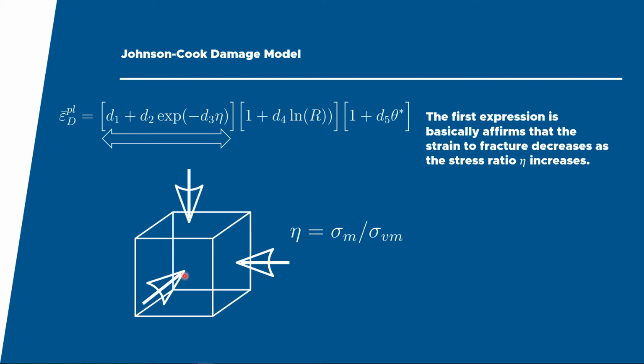So if the body has this scenario with bigger hydrostatic stresses and lower von Mises stresses, the plastic strain cannot develop, and the body fails like a fragile material, or tends to have this failure mode.